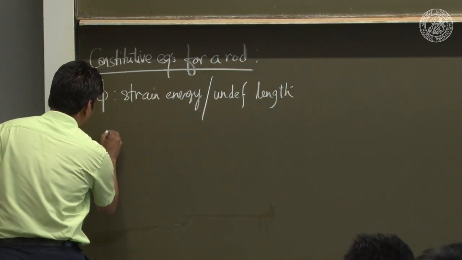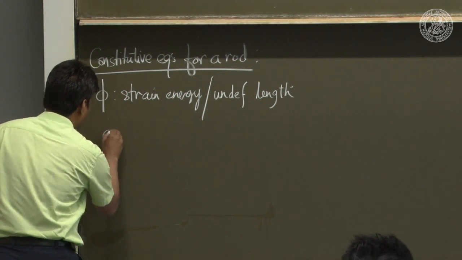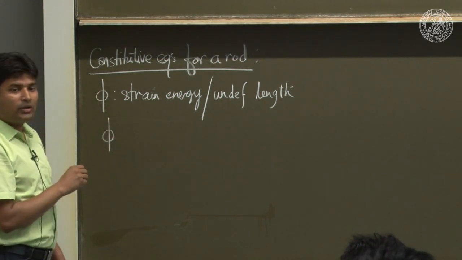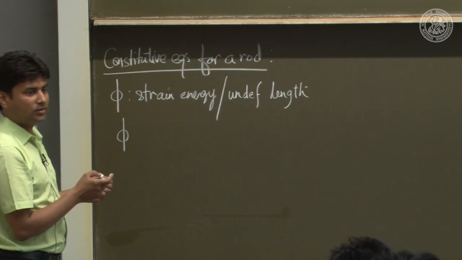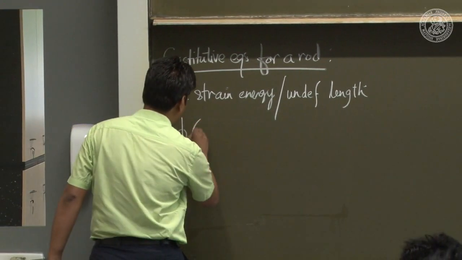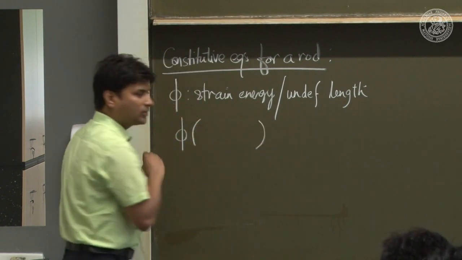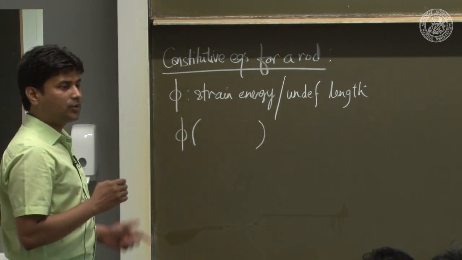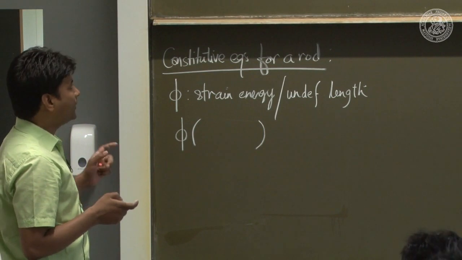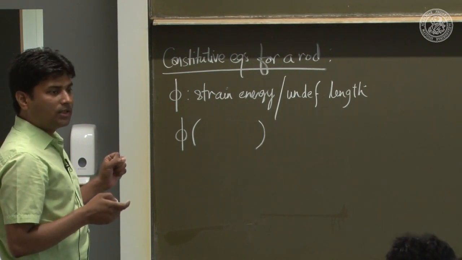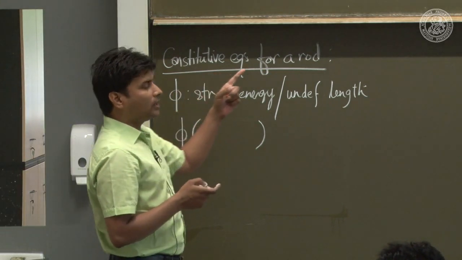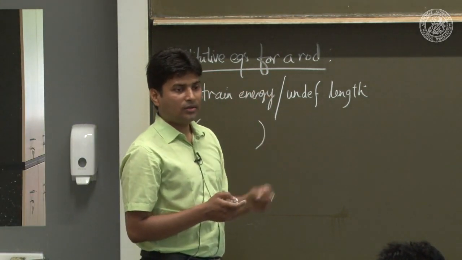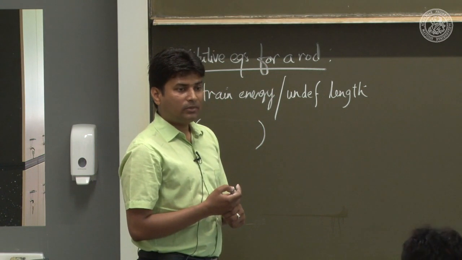And then we have to think about, or we have to postulate, what will this strain energy function depend on? What can it depend on? Now, since in our theory, for our special Cosserat rod, the unknowns are little r and capital R, which are the kinematic variables.